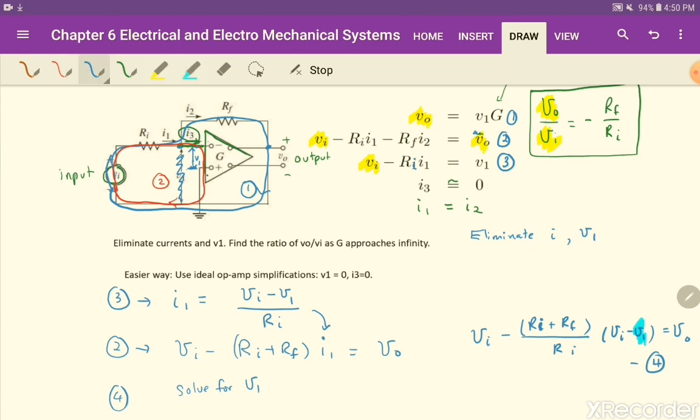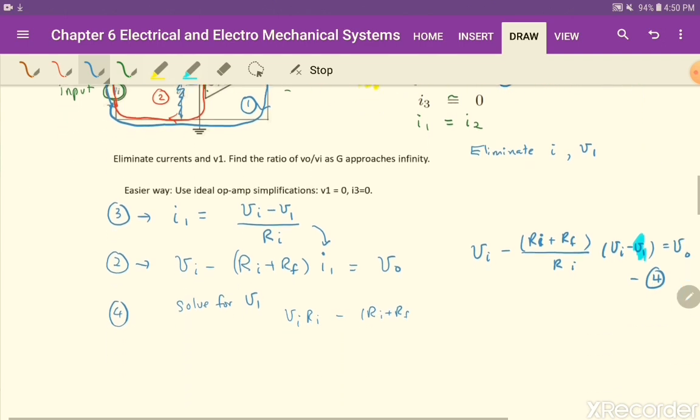Okay. So V1, let me just multiply everything by RI first. So I have a VI RI minus RI plus RF times VI minus V1, that I don't want. I don't want the V1, so I want to solve for V1. And then multiply everything out. You'll see, I think this will cancel with the first term.